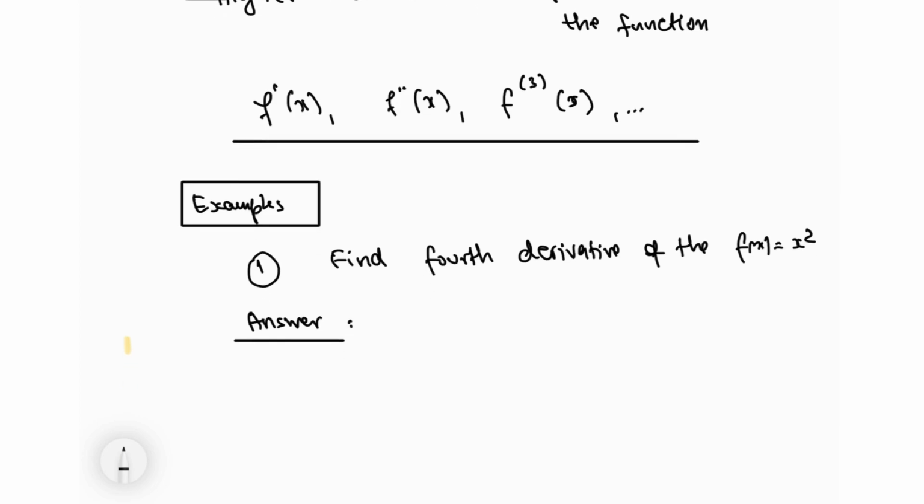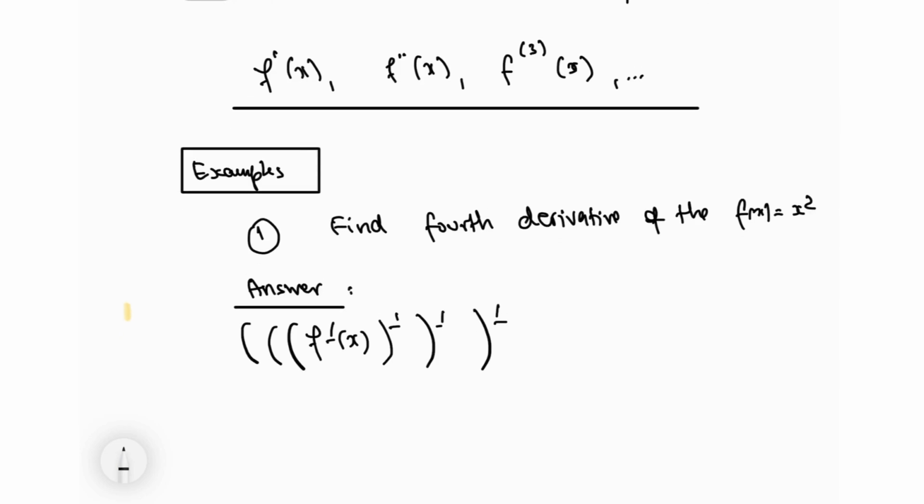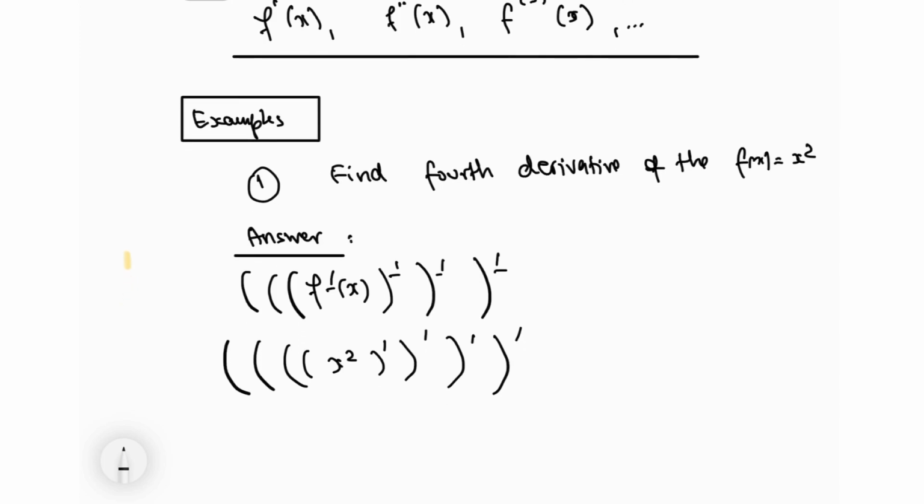Now we need the fourth derivative. That means we need the first derivative, then the derivative of the derivative, then the derivative of that derivative, and then the fourth derivative. So 1, 2, 3, 4. We start from x squared. The derivative of x squared is 2x.